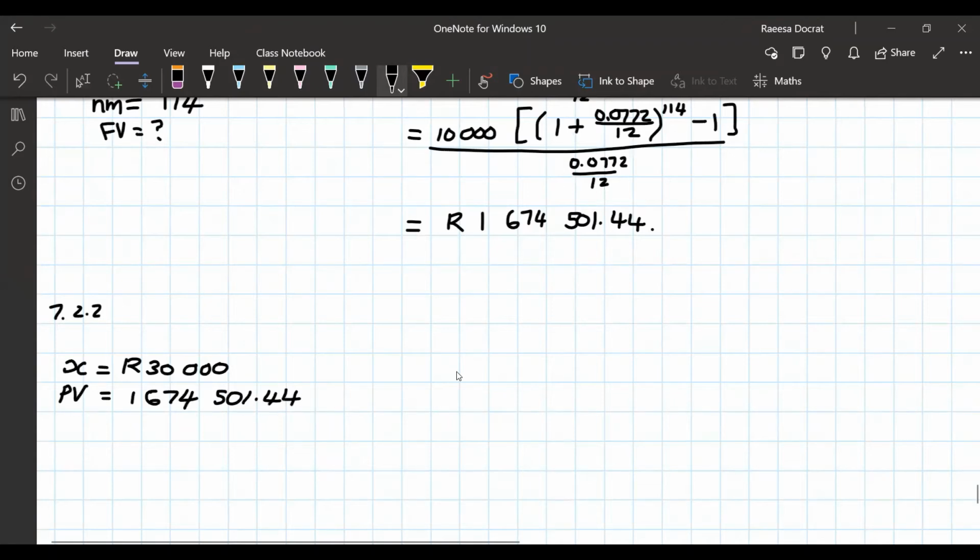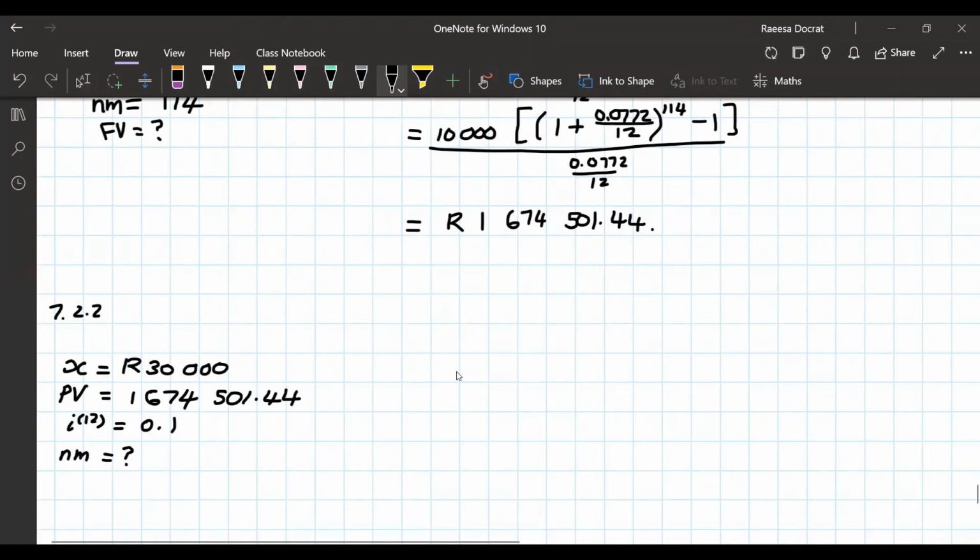So the amount that we just calculated. Her interest rate is 10%, compounded monthly. And what is it that we're solving for? We want to know how many full payments she will receive. So let's say nm, we want to solve for the number of monthly payments.